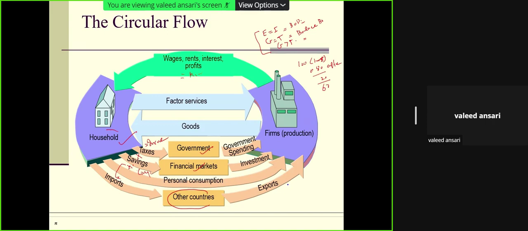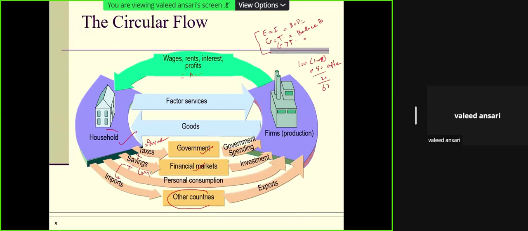And because of these interlinkages, there is the export and import, the foreign trade sector. Anything which happens in other countries has an effect on the domestic economy. It is said that if America sneezes, Europe catches cold. That is because the US is the largest economy in the world, and it may act as a locomotive, a driver of growth for other countries, especially those which depend more on foreign trade, where the export component is very high.